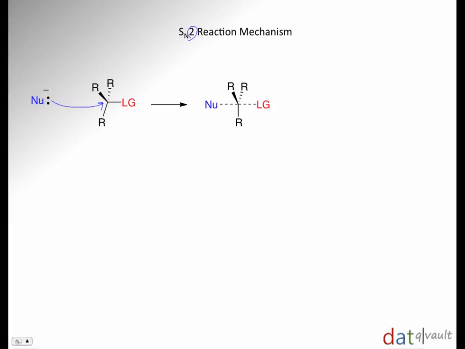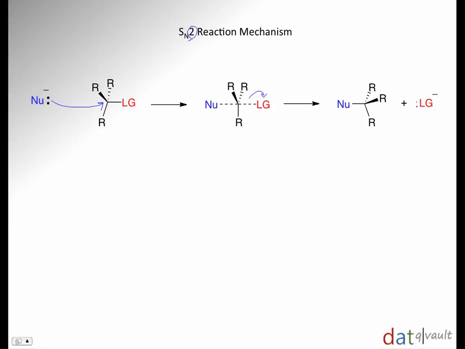This explains the reaction being second order, or bimolecular, because two molecules are involved in the formation of the product. So once the leaving group fully leaves and the carbon-nucleophile bond is formed, we get our substitution product and our leaving group.